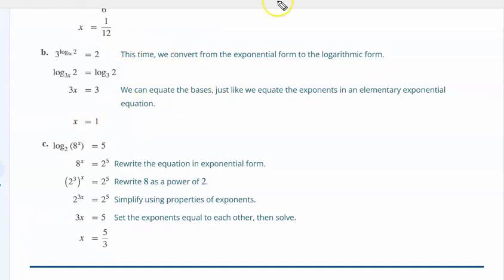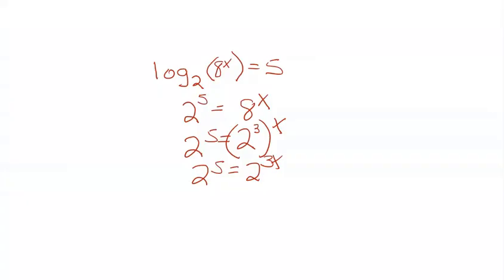All right, now for our last one, I'll do that as well, but we can look at what's in the book. And in part C here, this was the original. We're going to convert this to its exponential form, where our base is 2, our exponent is 5, and that equals the answer, which is 8 to the x power.